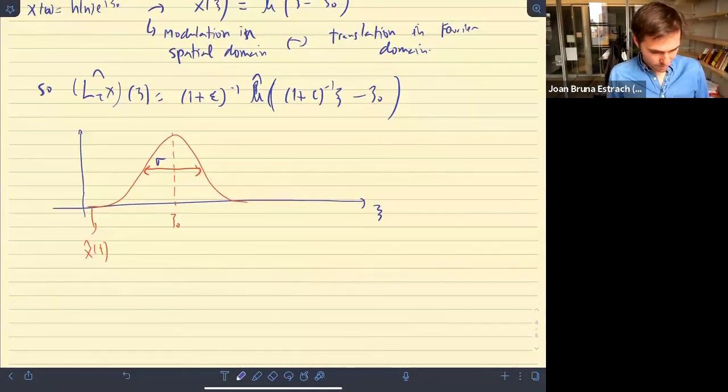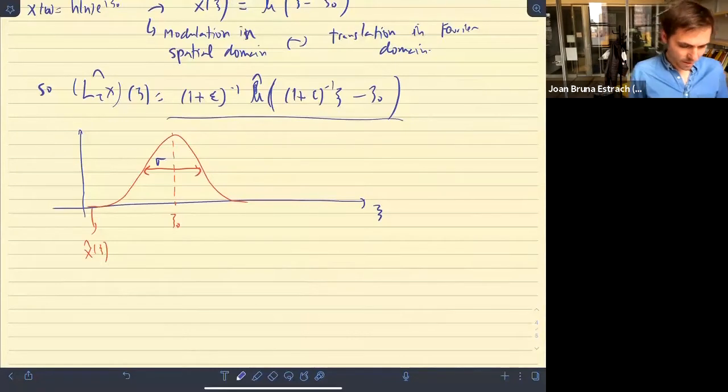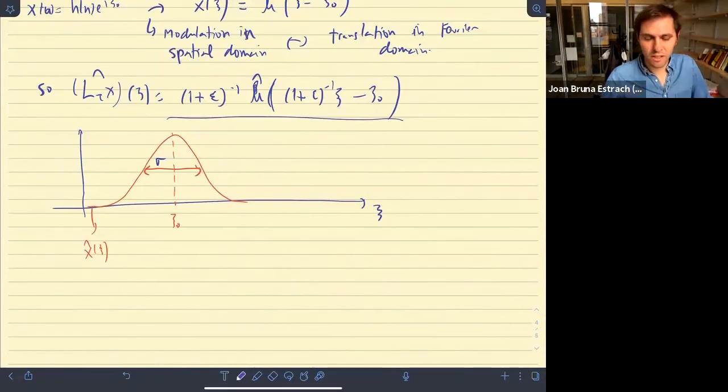So now in this function, I have a bandwidth. So what is the bandwidth of this function, right? I have applied a dilation in the spatial domain, which also translates into the inverse dilation in the frequency domain. So the bandwidth has moved, right?